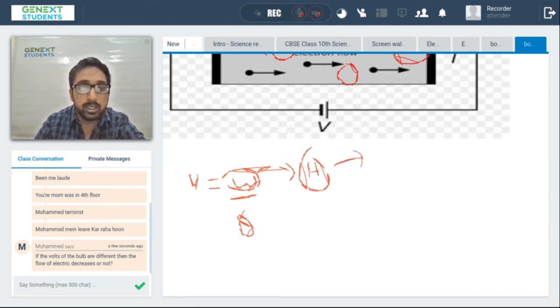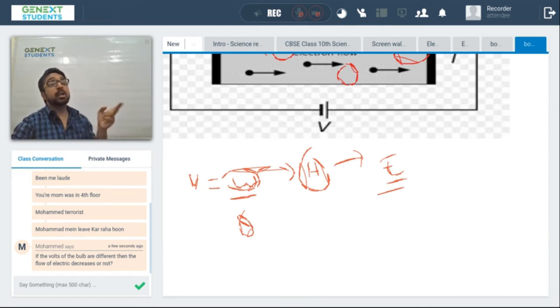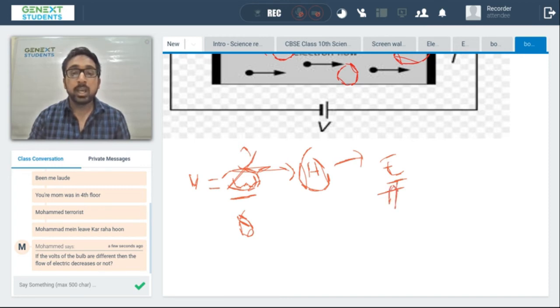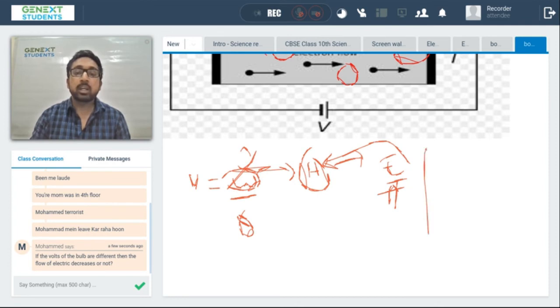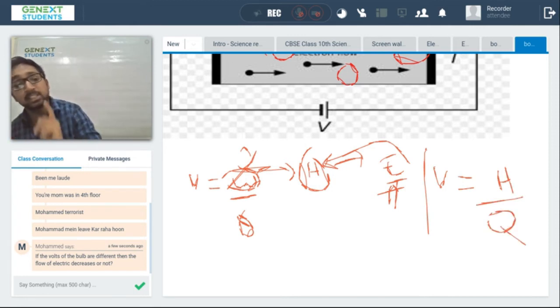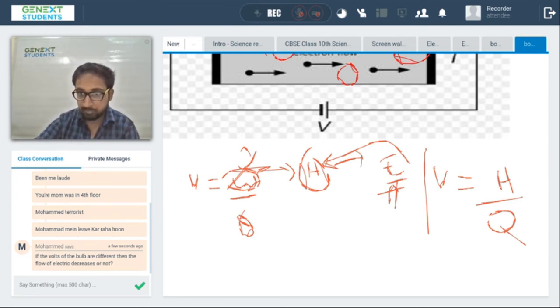The unit of heat and energy are equal, right? They have different physical significance in different situations. In this situation, the work done is in the form of energy, and this energy is known as heat energy. Therefore, here I can write that potential difference is heat energy per unit charge. In different situations, we can replace W, E, and H with different forms.